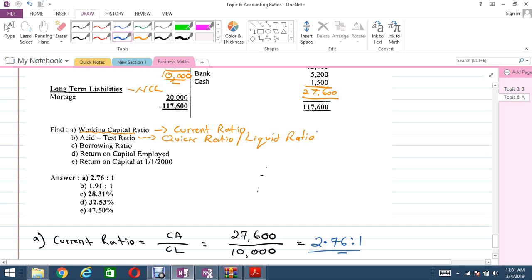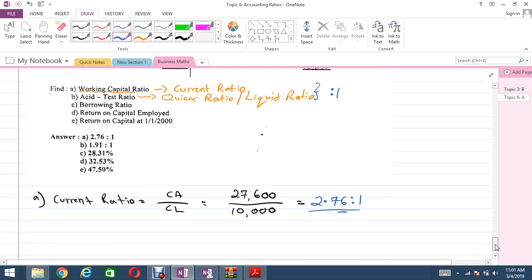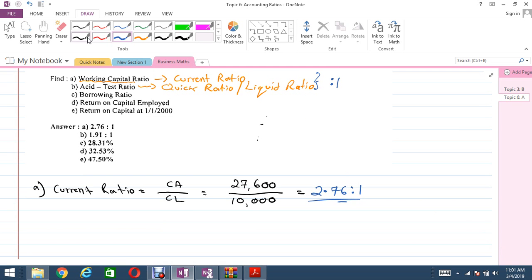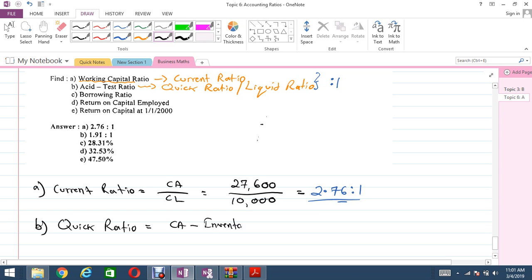These two, make sure you put the ratio to 1. CA minus inventory divided by CL.